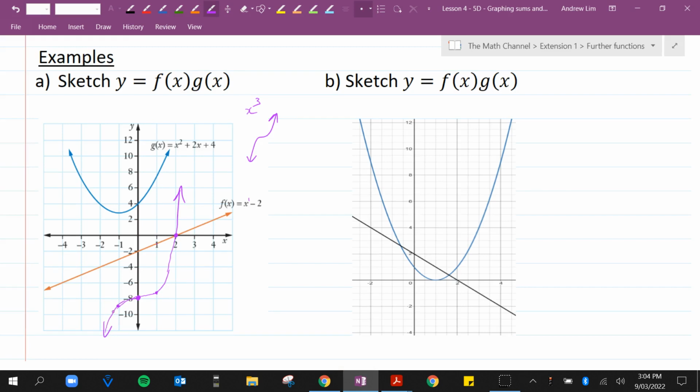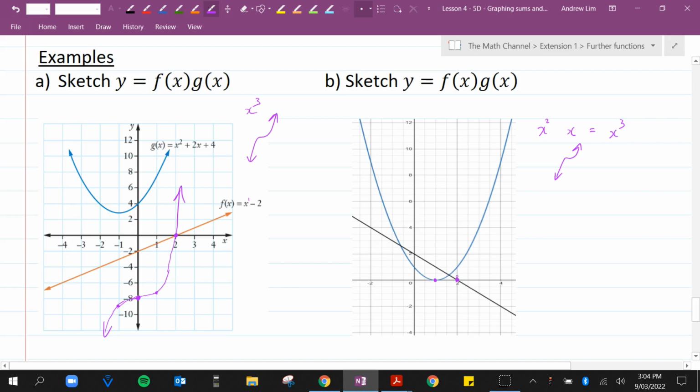Alright, so question B, we know that we've got x squared, we've got a cubic, and we've got a linear. So it's going to give us x cubed. So it's going to be a cubic as well. Right, 0 times 1 is 0. 0 times 1 is 0. It's going to go through those 2 points.